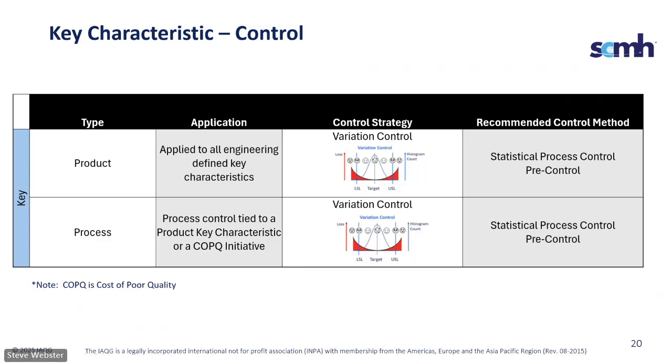Okay. When it comes to control of key characteristics, statistical process control, or SPC, is the preferred method for variation management. And there are two requirements that need to be met when SPC is chosen as the method for control of key characteristics. The first is that the process needs to be statistically stable and capable.